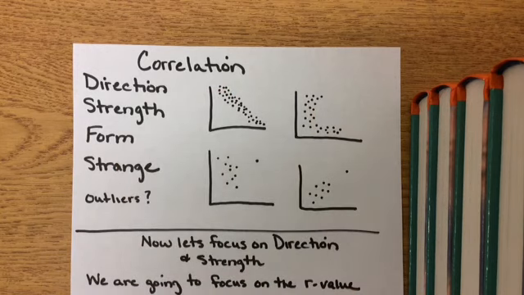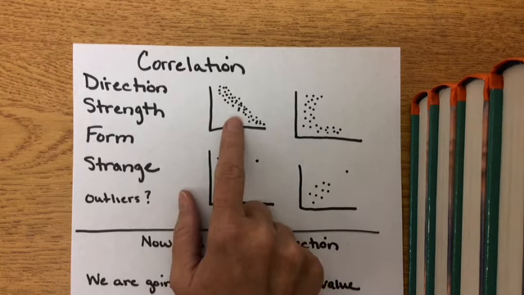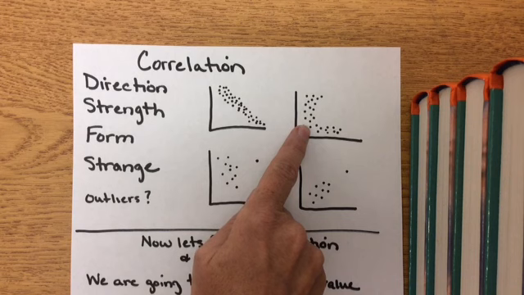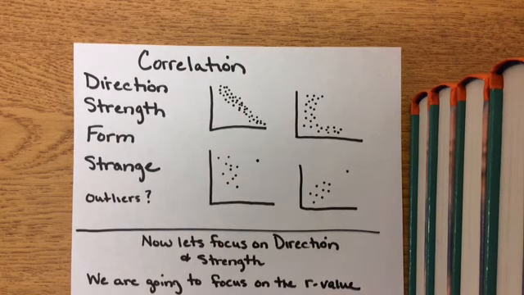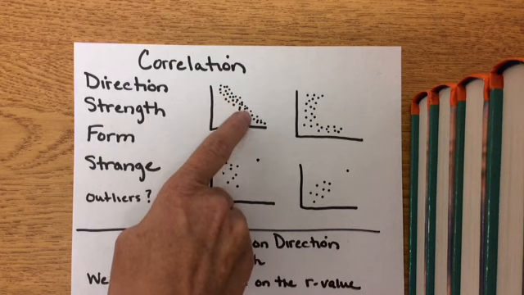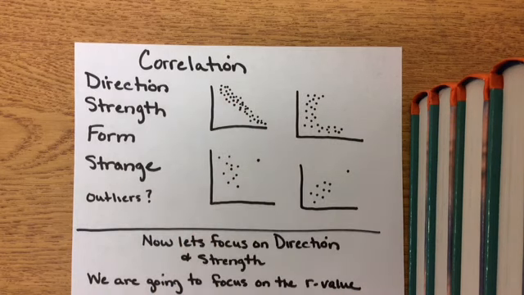So then I would say that this first graph is really stronger than the second graph. Why? Well, because when we're talking about strength, we're talking about the points being much closer together. We can see in this graph, the points are all very close together. In this one, they're sort of scattered about.